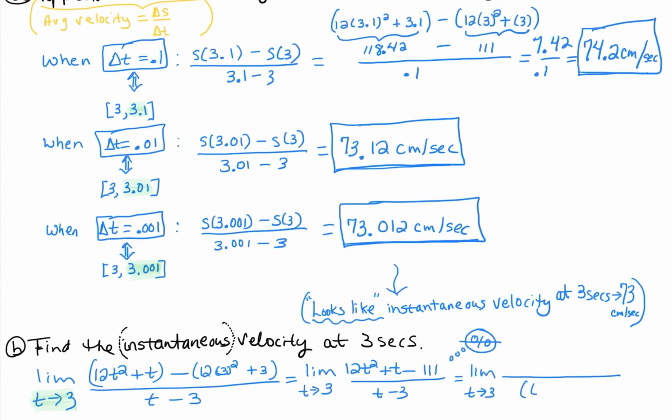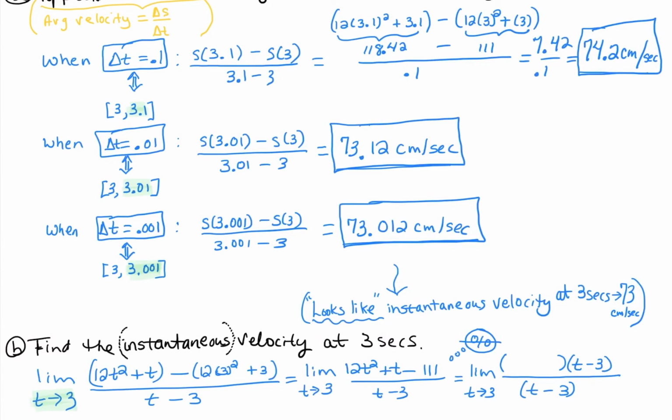Because here's the thing. If I need to reduce, what I'm ultimately hoping to reduce is going to be a t minus 3 over itself, right? T is going to 3. The only thing in the denominator is t minus 3. That's what's going to 0. So there will likely be a t minus 3 factor in the numerator that will reduce. So I'm doing my trial and error technique, but with this forethought of where I think I'm going with this.